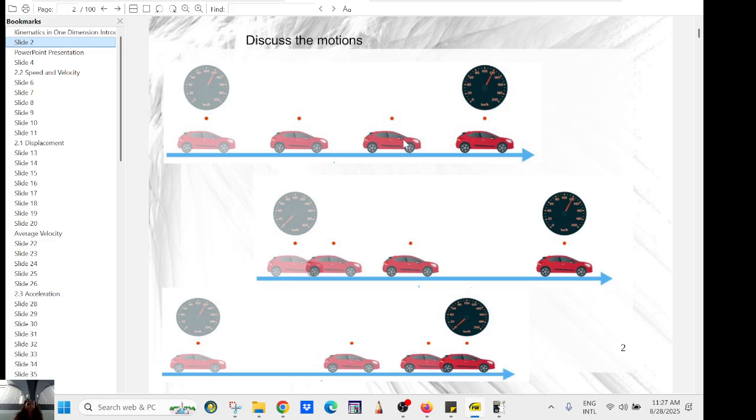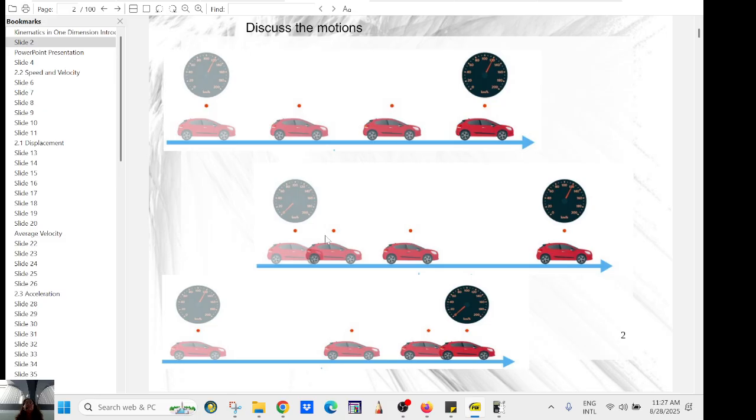There is no acceleration. We will learn that if there is no acceleration, there is no force, because acceleration is just force per unit mass. So in that case, what's going to happen? Is the speed constant? No, right? The speed is increasing, because every second, the car, so this is 1 second elapsed, the car is moving farther.